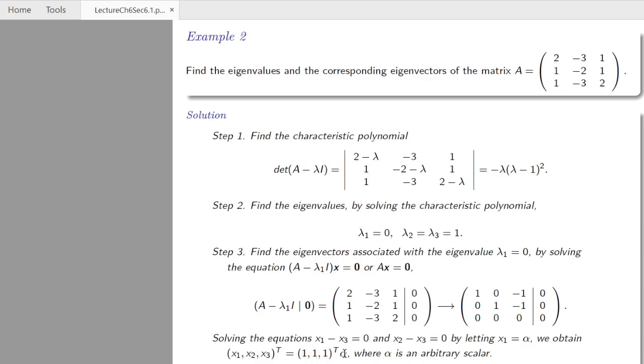So except for alpha is 0, all of these are the eigenvectors associated with the eigenvalue. Because of this, we talk about eigenspace. So the eigenspace associated with lambda 1 is the subspace spanned by the vector 1, 1, 1.